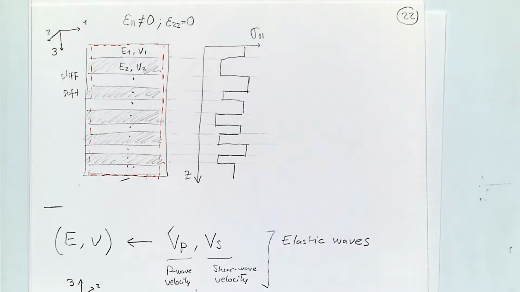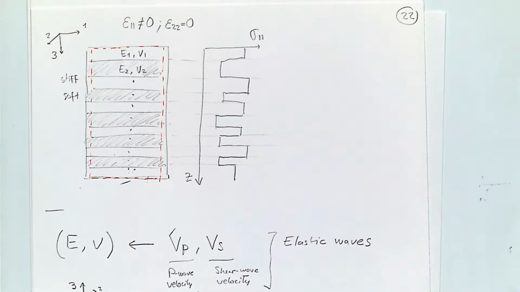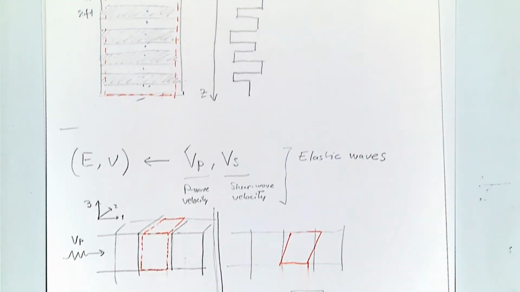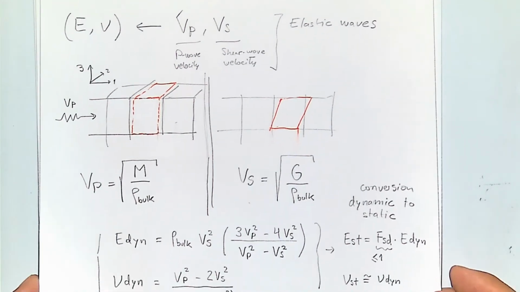So probably at this point, and thank you for that question, Jack, we could talk about what you have to do in the project. In the project, I gave you a log file with VP and VS as a function of depth.